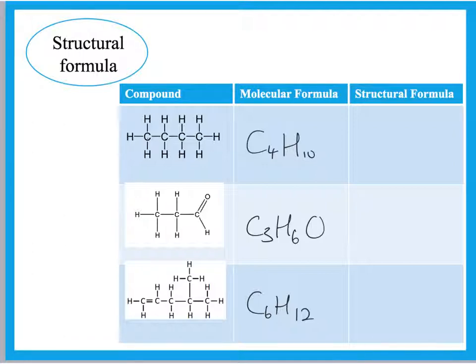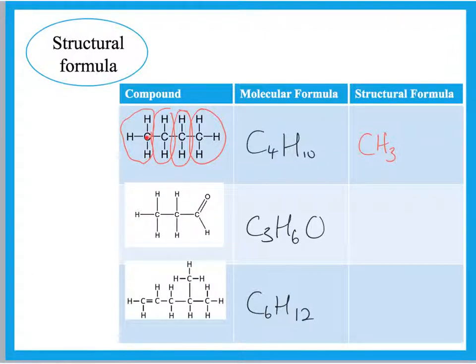So to write a structural formula, all you have to do is take each carbon atom in turn and discuss what it's connected to. So I'm just grouping carbon atoms with what they're connected to here. So in the first one, we've got a carbon atom, and it's attached to 3 hydrogen atoms, so CH3.